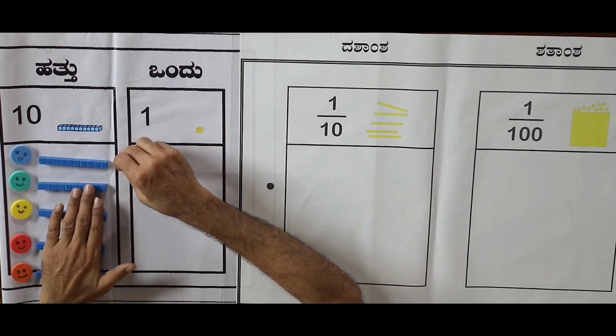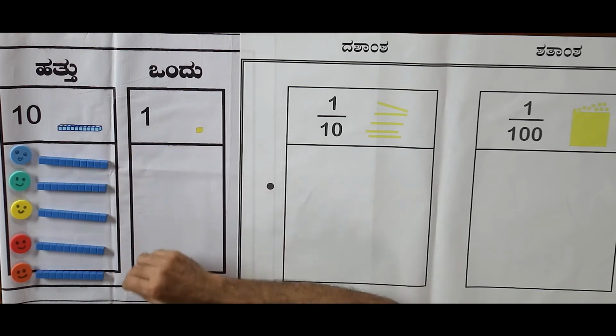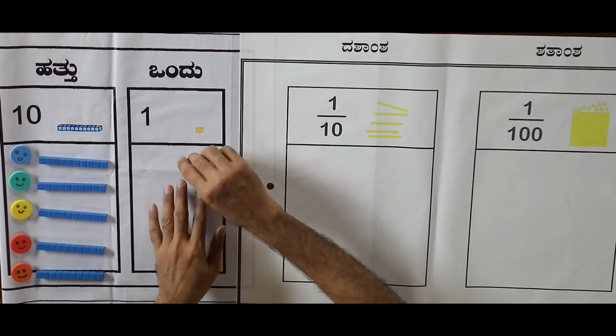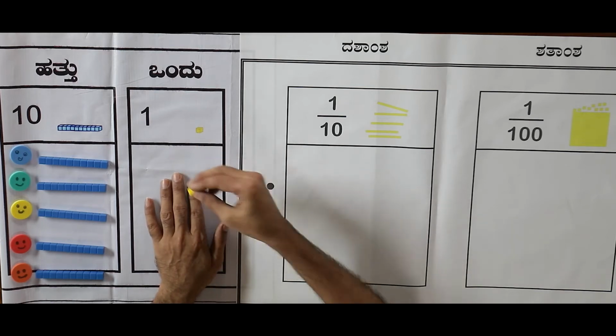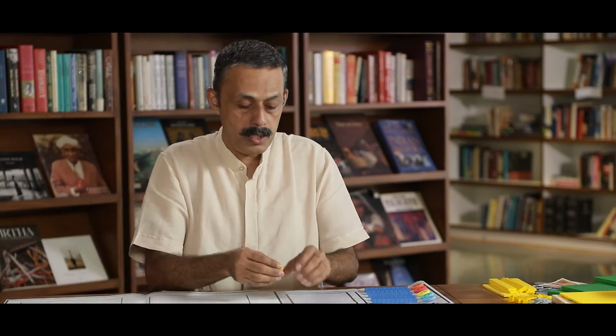Keep here. It will be unequal. Similarly, we cannot keep it anywhere. I will have to cut it. What did we do to cut it? Just as we kept the tens here, we will cut it into 10 parts. So, what should I do? I need to cut it into smaller parts. Cut it into 10 parts.